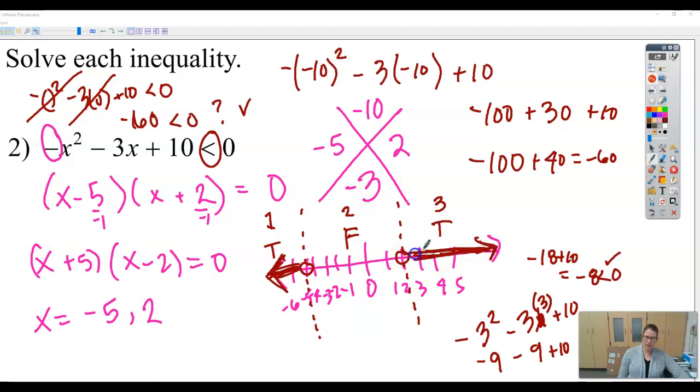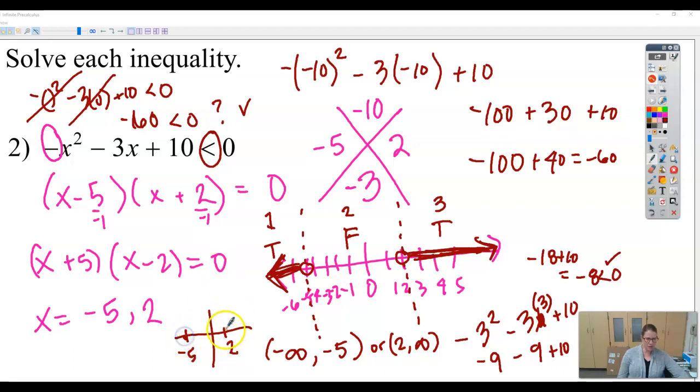Okay, which means my intervals go from negative infinity to -5, or from 2 to infinity. So there's my solution set. Now, think about that. Since I have a quadratic again, I know that it's going to cross at -5 and positive 2.